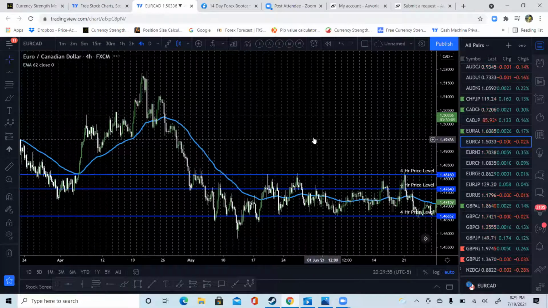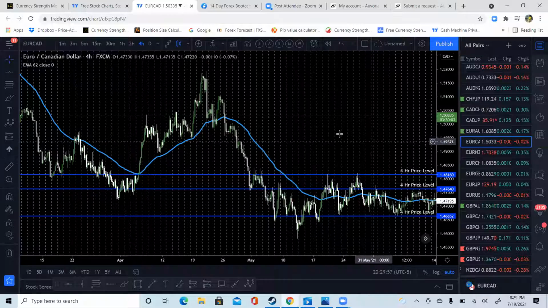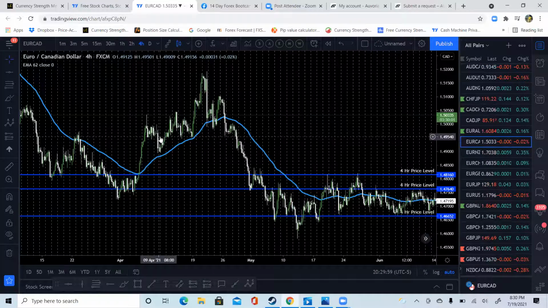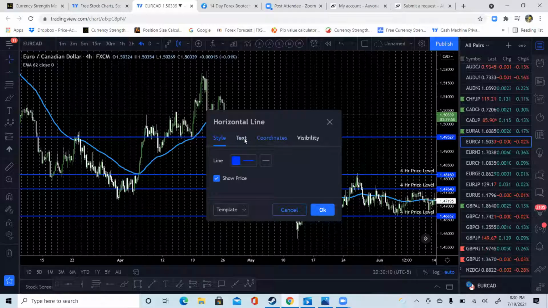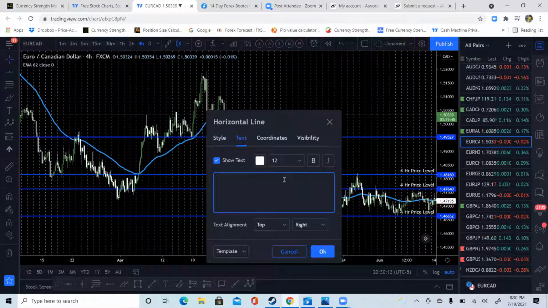And then see how I'm lining up things, trying to get as close as possible. Now, I'm not the biggest fan of using an exact line. I like using zones. But like say if you want to do some price labels, you can do something like what I'm doing now.